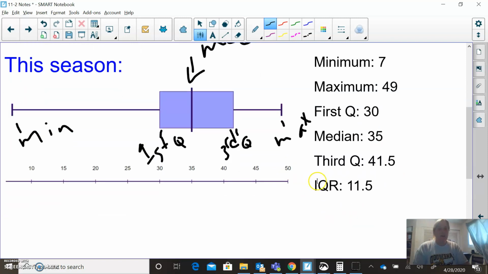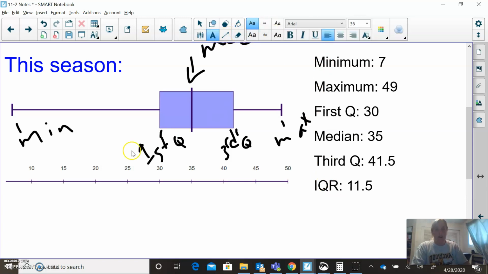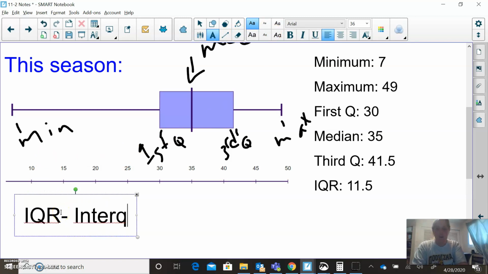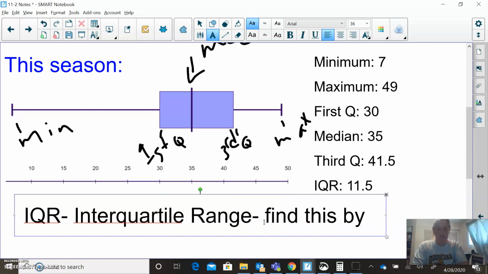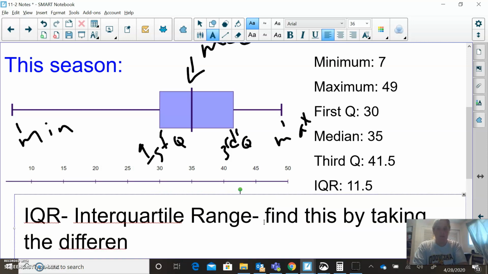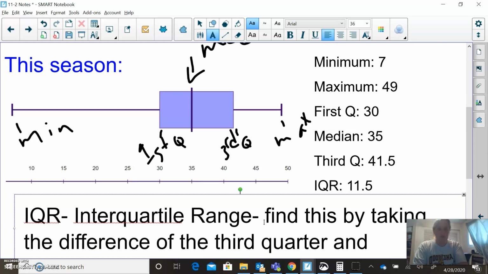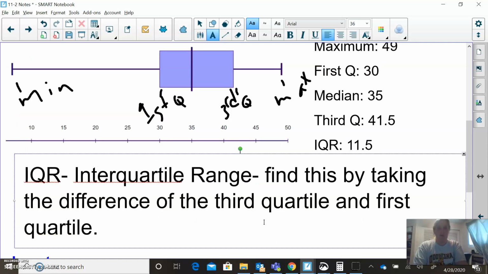Now, to get the IQR, which stands for interquartile range, you find this by taking the difference of the third quartile and first quartile.